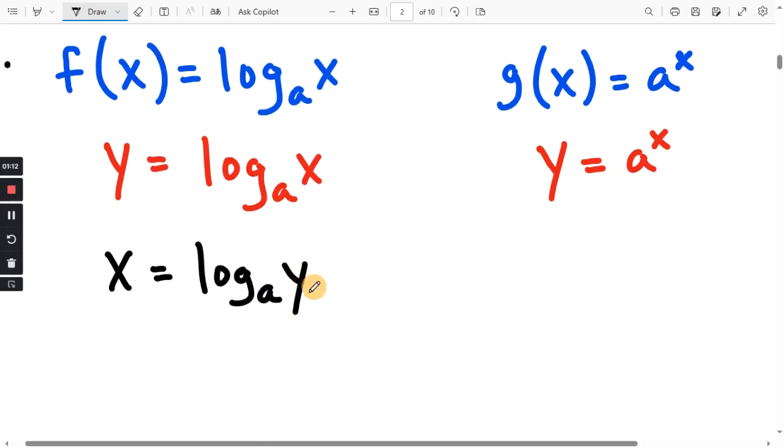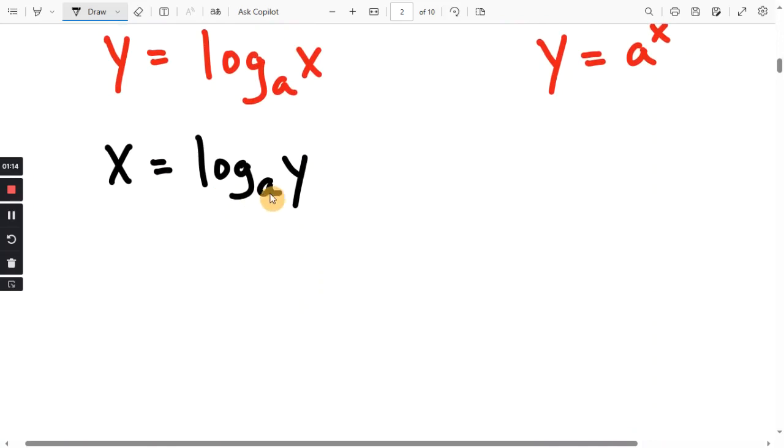Now, how can we solve for y? Well, we have log base a right here, so I can make this the exponent on the letter a, and then I have to do the same thing on both sides. So on the right-hand side, this becomes the exponent of the letter a, log base a of y. And same thing on the other side. This becomes the exponent of a, so that's going to be a to the power of x.